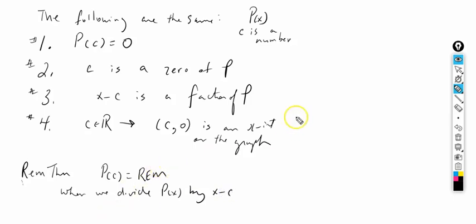All right, so if we put all of this together, we can solve different types of problems. And there are many different ways this zeros could be asked of us. So one question that we could be asked is: is x minus 1 a factor?